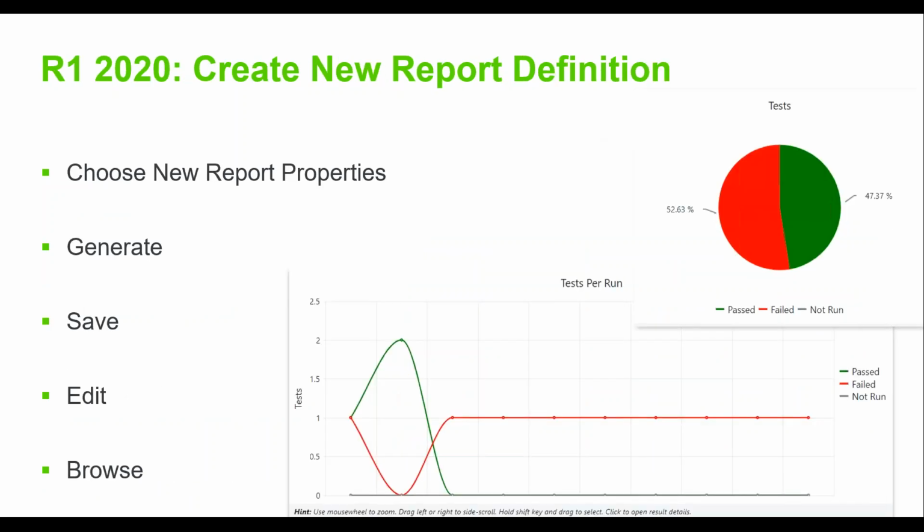What's new with the latest version of Test Studio is that now you can create your own custom report definitions, right? Set the report properties like start date and end date, for example, something that I'm going to show you. Generate the report definition, which later on you can save, edit, or browse if you have numerous such reports created. And here are a few screenshots of how this looks.